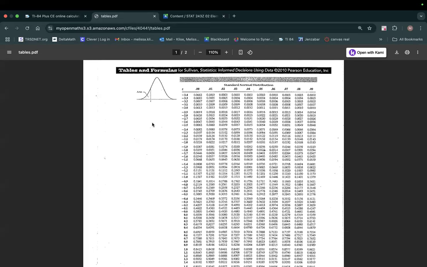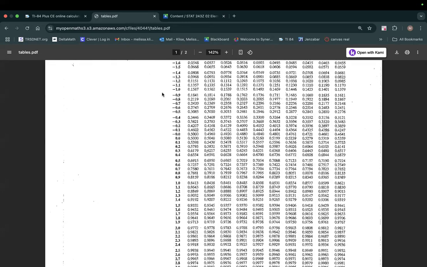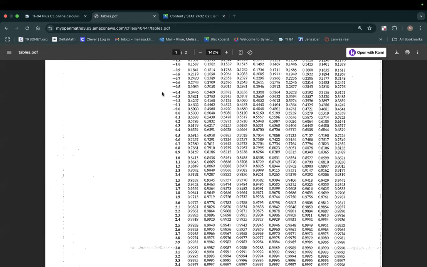So if I wanted to know what the probability is of a randomly selected person having an IQ above 120, I would have to subtract 0.9082 from 1.